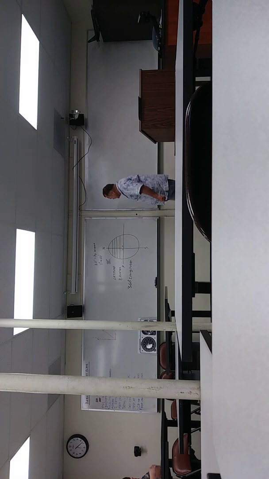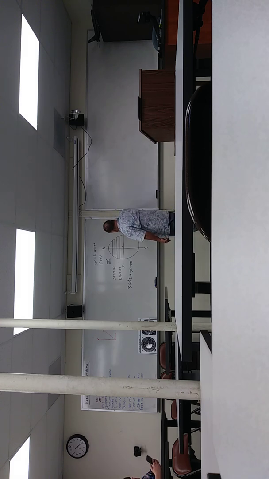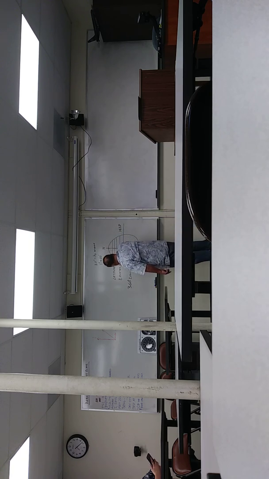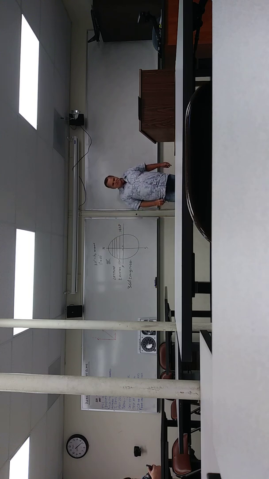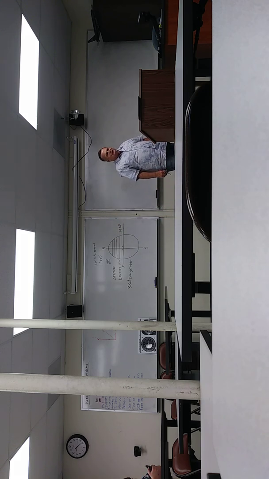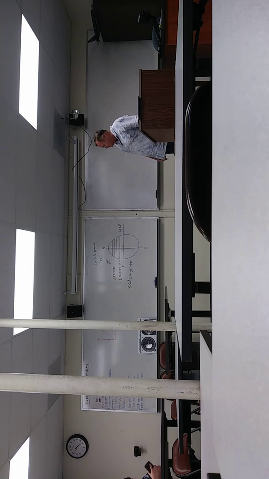So it's 0 to 180 east, or 0 to 180 west. That makes sense? That's as high as you can go, because if you go further than that, you're coming back.